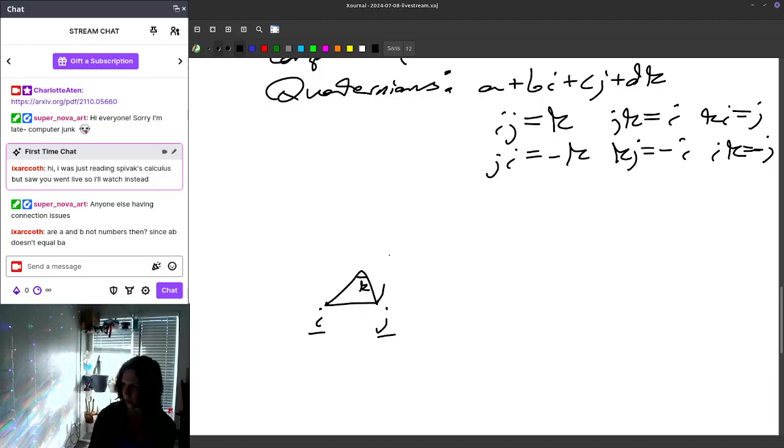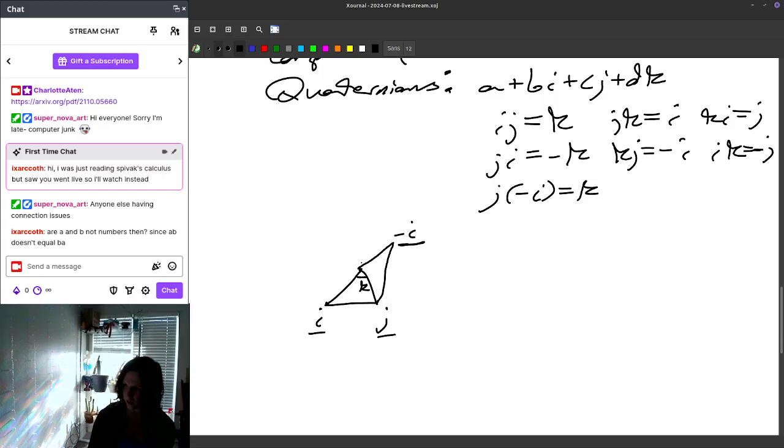But notice that if I do j times minus i, assuming that minus signs work the way that they do in other systems, j times i would be minus k, so presumably j times minus i would be k.